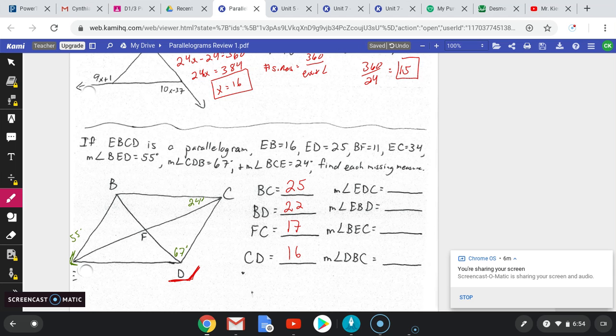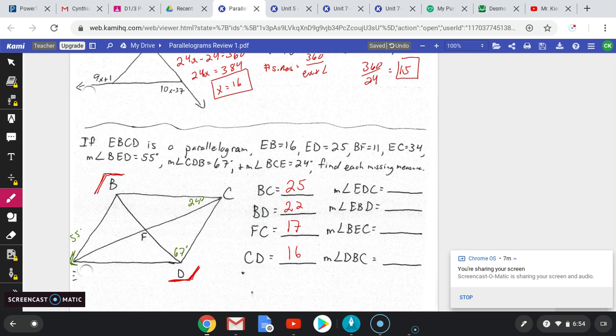Remember the properties of parallelograms. They say that opposite angles are congruent, and consecutive angles are supplementary. I don't have this entire corner right here, because if I did, I'd say opposite angles are congruent and be done.